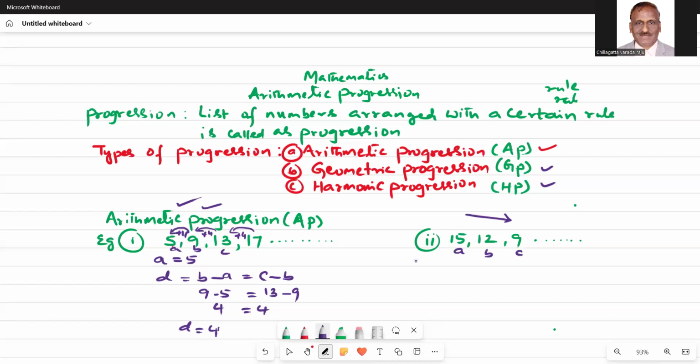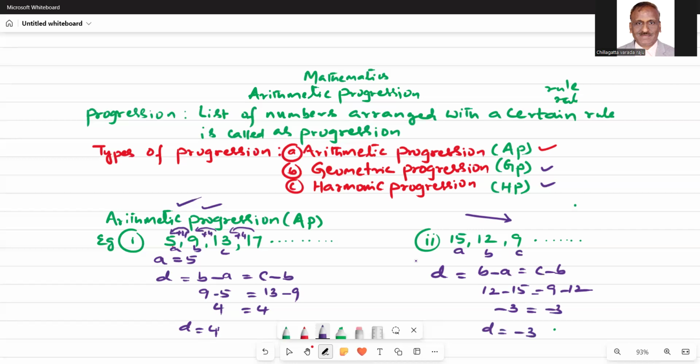A is 15, B is 12, and C is equal to 9. Let us check the common difference. D is equal to B minus A is equal to C minus B. 12 minus 15 is equal to 9 minus 12. 12 minus 15 is minus 3, and 9 minus 12 is also minus 3. So D is equal to minus 3.